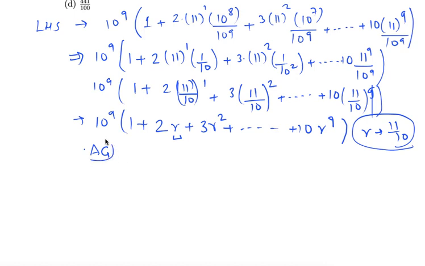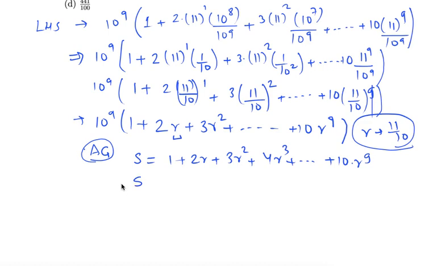So it's a combination of the two, and for solving such series we use the method of difference. Okay, so let's assume this S is 1 plus 2r plus 3r squared plus 4r cubed till 10 into r to the power 9.